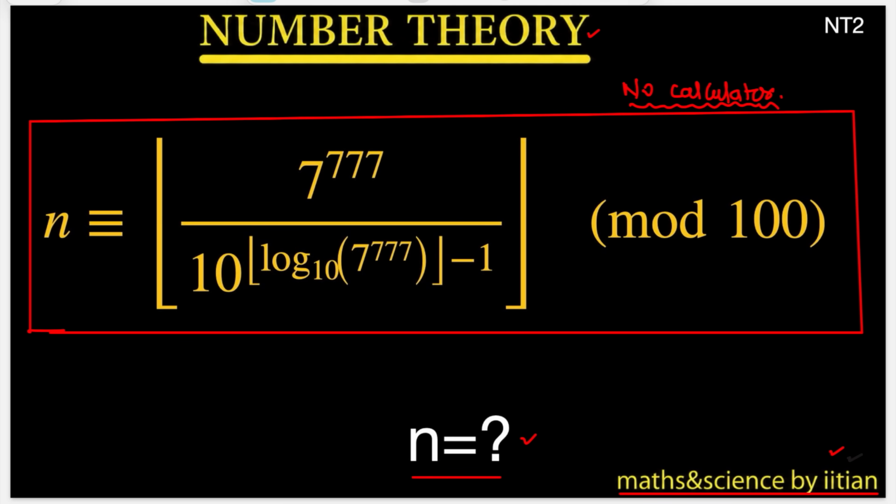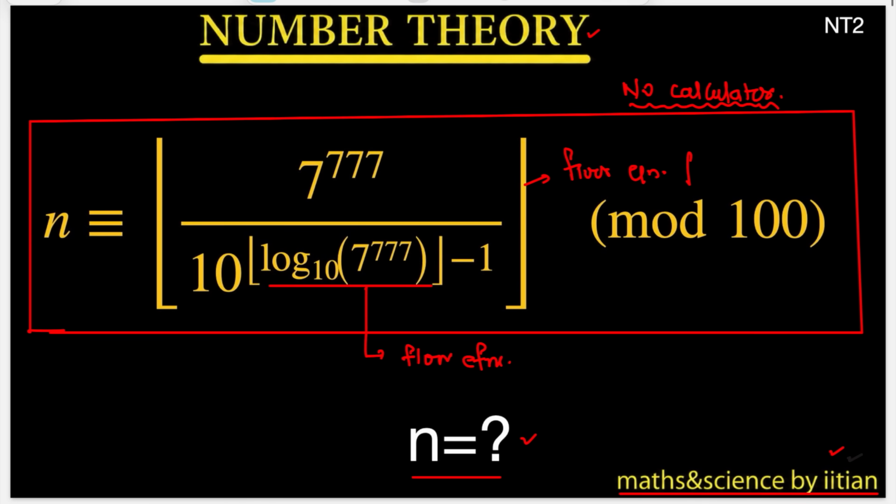Here the whole expression before the mod 100 is a floor function, and 10 to the power of log of 7 to the power of 777 to the base 10 is also a floor function.